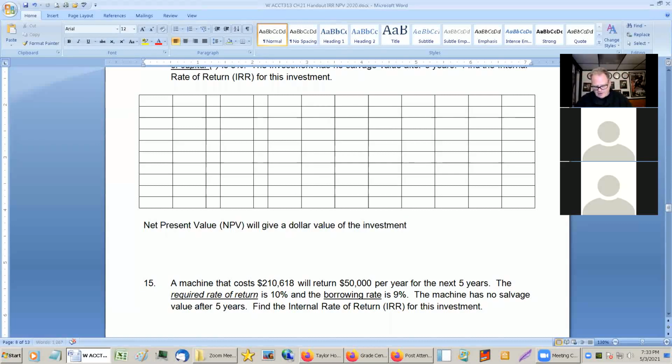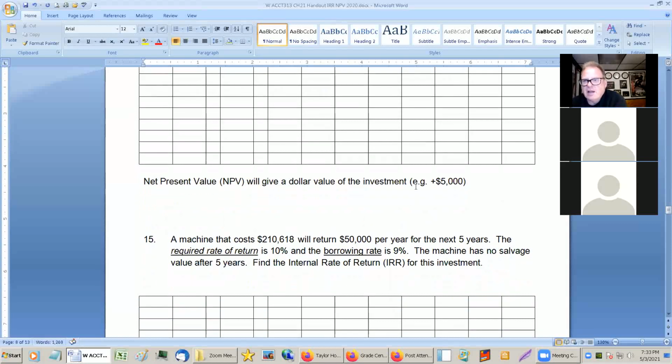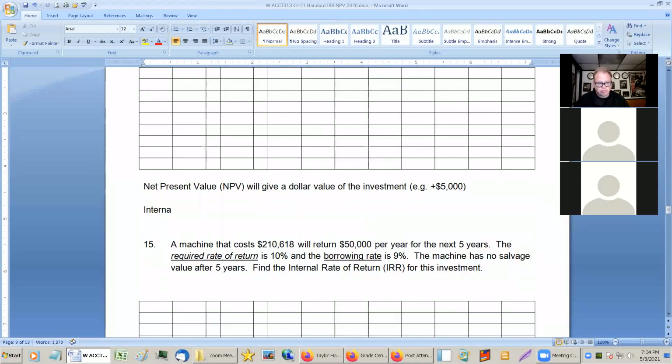So NPV will give you a dollar value of the investment. For example, say positive 5,000. So it'll give you a dollar amount. How much in dollars is this thing worth?